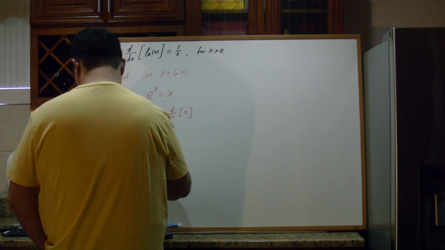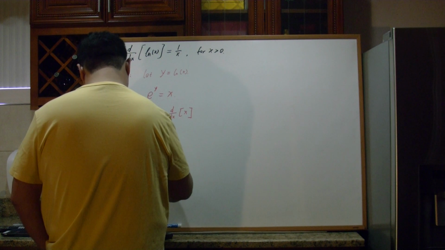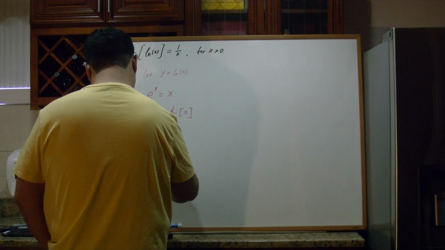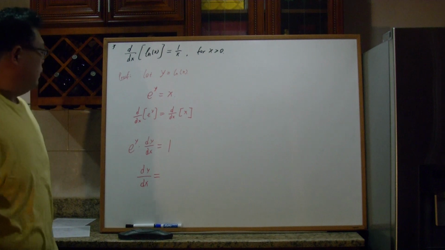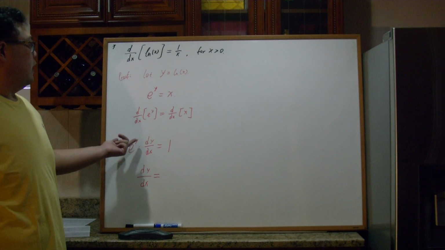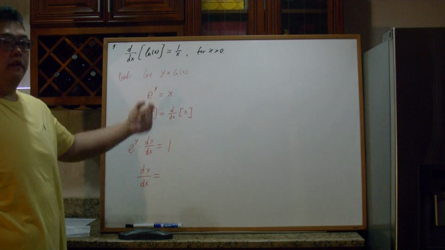So dy over dx equals 1 over e to the y, and e to the y by the first step is x.